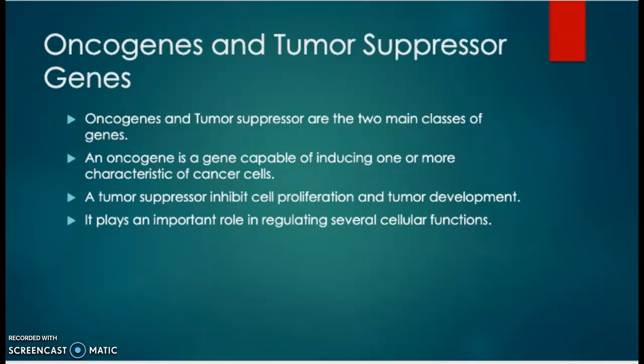So, oncogenes and tumor suppressor genes. In a normal cell, tumor suppressor genes prevent cancer.